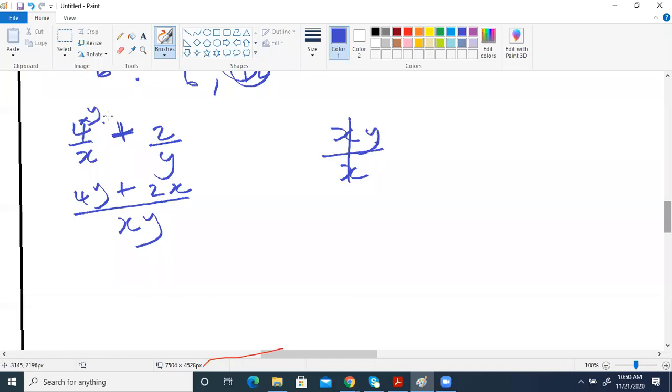So the y goes up here, then 4 times y, 4y. And then you go again, and this time y into xy gives you x. So now it becomes 2 times x, 2x. And you're done. You can't do anything else because we know from long time that these are not alike terms. You can't combine the y's and x's any further. You just have to leave it like this.